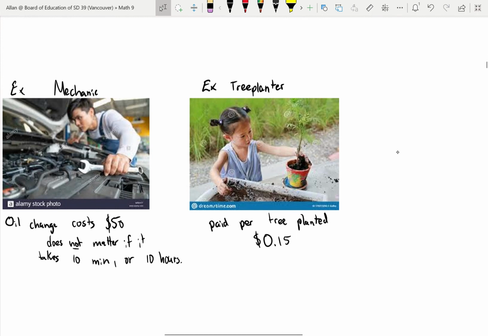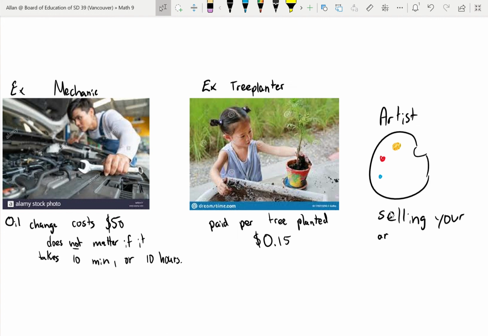Another example I can think about, but I did not have a picture for, is say you're an artist. So if you're painting, you get money from selling your art. So each piece of art you make, you can sell and gain money. It doesn't matter how long it takes to make, you're going to get a certain amount for each piece.